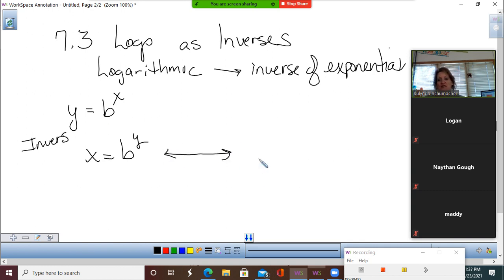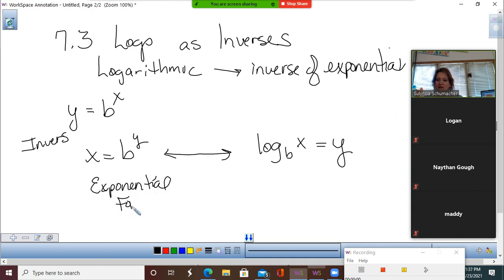This can be rewritten as log base b of x equals y. So you can see we've solved for y. These are inverses of each other. This is the exponential form. And this one is the logarithmic form.